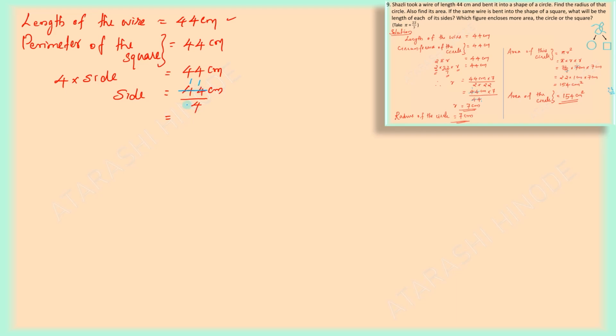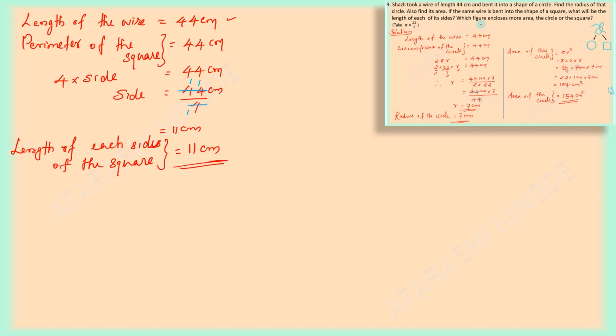And in the denominator also 4 divided by 4, it is 1. So 11 divided by 1, that is equal to 11 centimeter. That is length of each side of the square, that is equal to 11 centimeter.